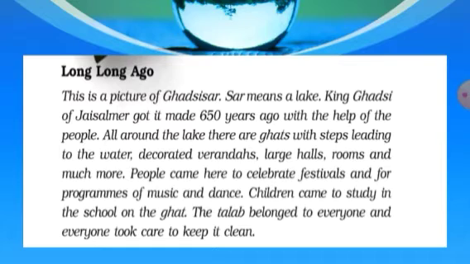People came here to celebrate festivals and for programs of music and dance. Children came to study in the school on the ghat. The talab belonged to everyone and everyone took care to keep it clean. Children, talab means a pond.